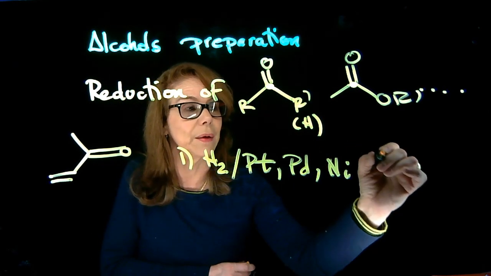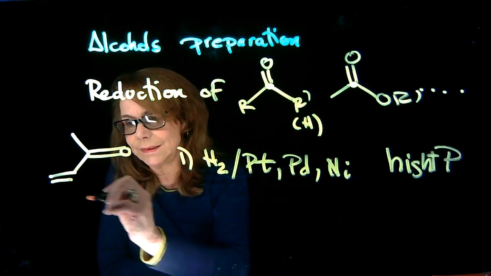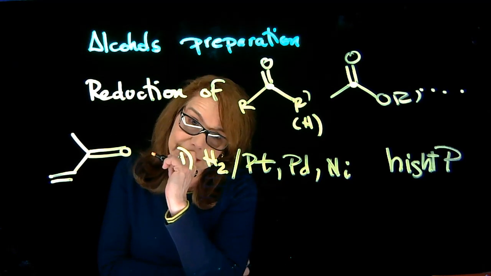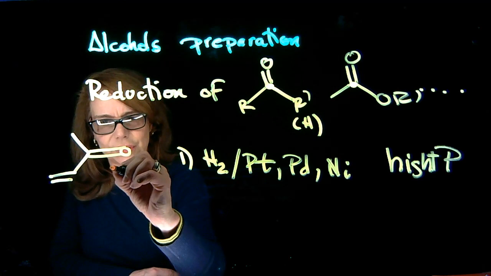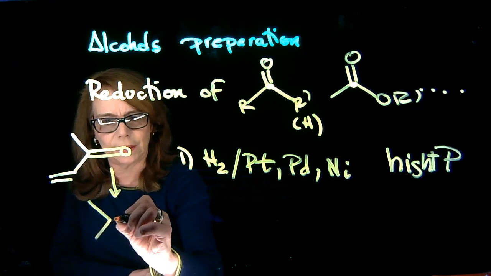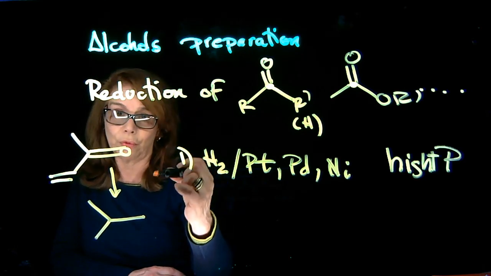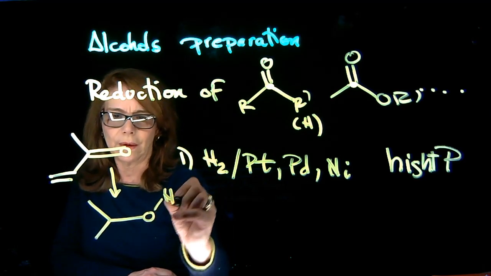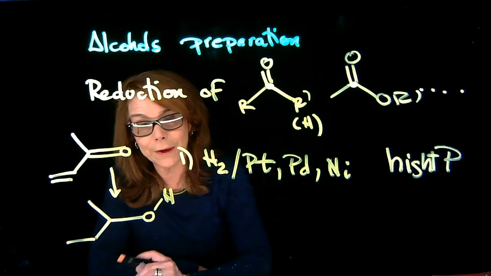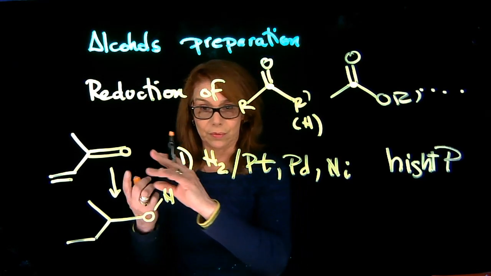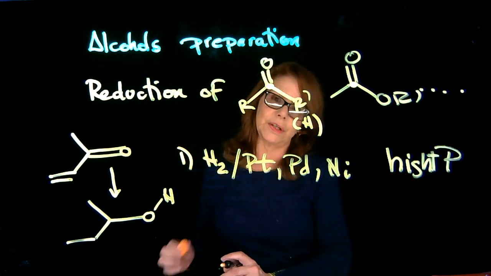You need to use high pressures, and it will also hydrogenate alkenes and alkynes even. So if you did that condition, you are going to get the following. Yes, you will add hydrogen here and here across that, and you will make that alcohol, but you will also hydrogenate the alkene. So if you had in your molecule those functional groups together, then you cannot use the hydrogenation.